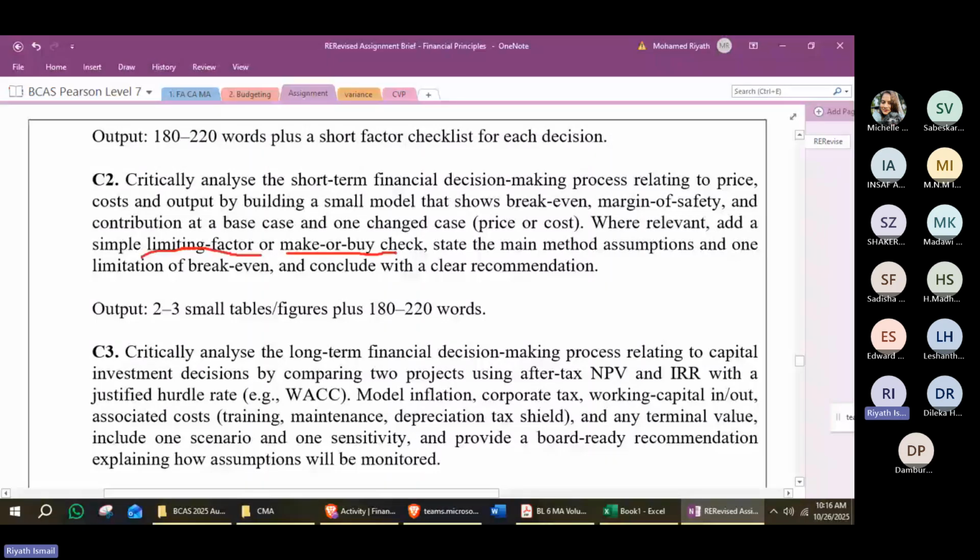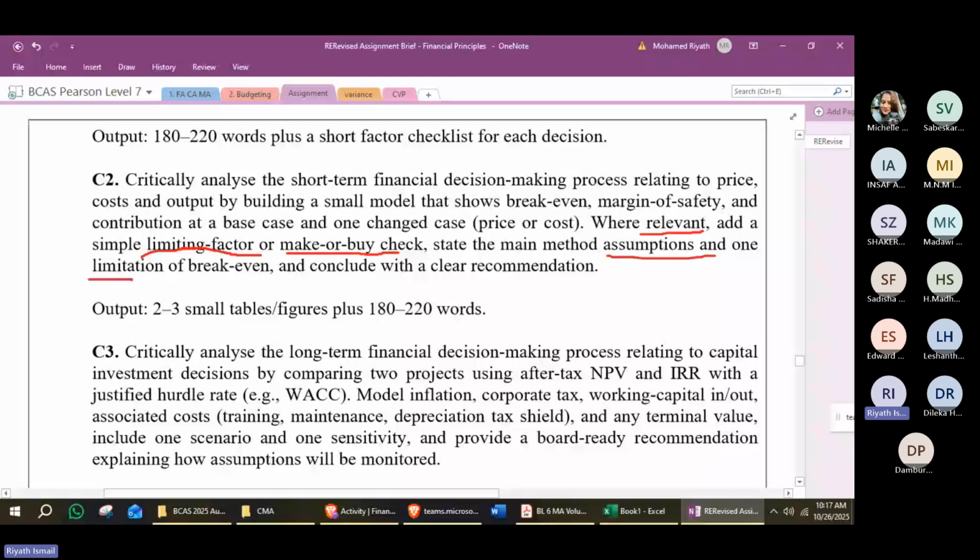So we have to move in that aspect, where we have to talk about relevant cost. You should read some notes on the assumptions of break-even point and the limitations of break-even point.